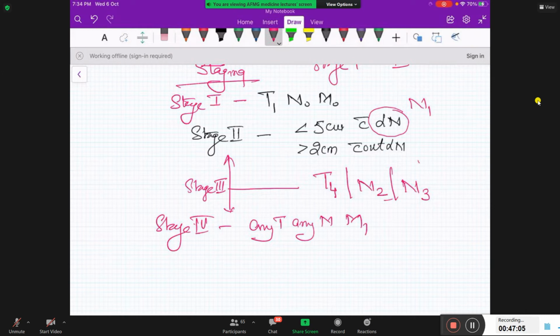What is T here? T4B. So the moment it is T4, what stage is it? Stage 3. The moment it is T4, it is stage 3. We know that. Okay, another question.